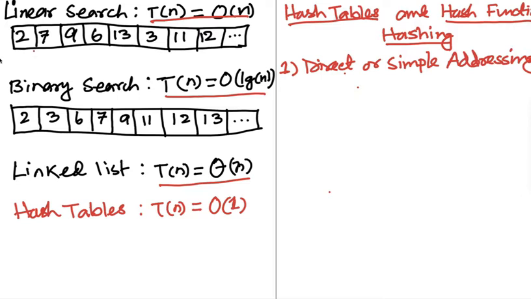For instance, if this is an array, the first index is 0, then 1, 2, 3, 4, 5, 6, 7. Maybe we have 8 data elements here, so the index starts from 0 to 7.